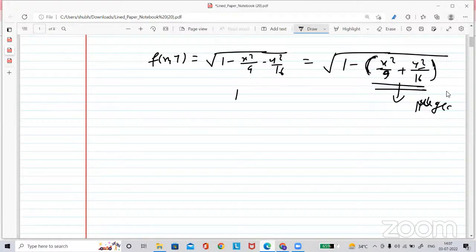We are subtracting a positive number from 1. So this number is always less than or equal to 1.